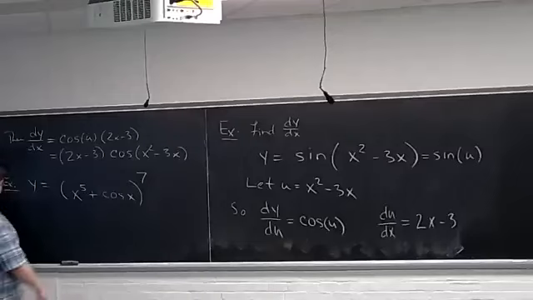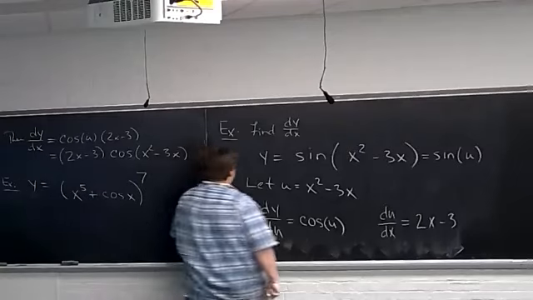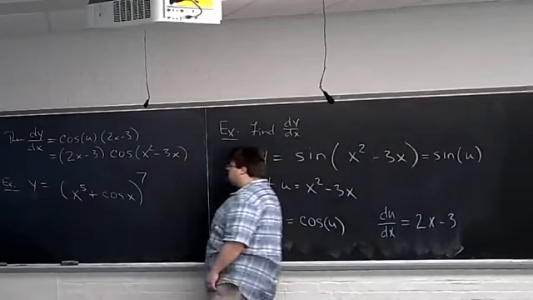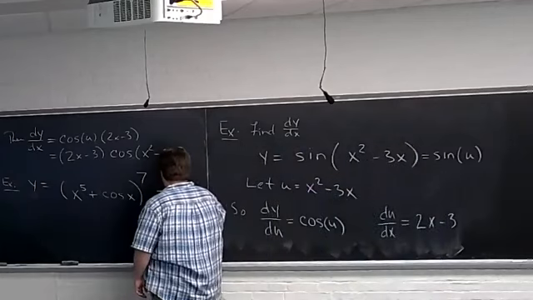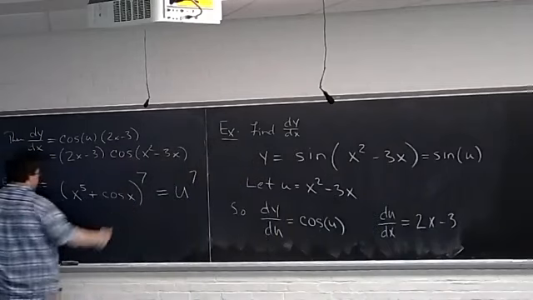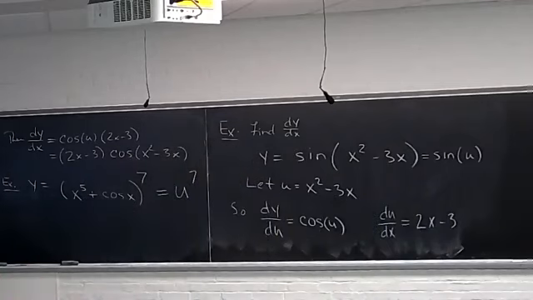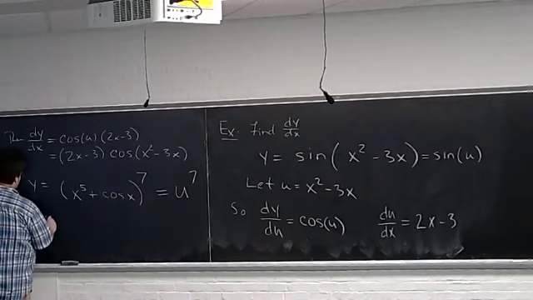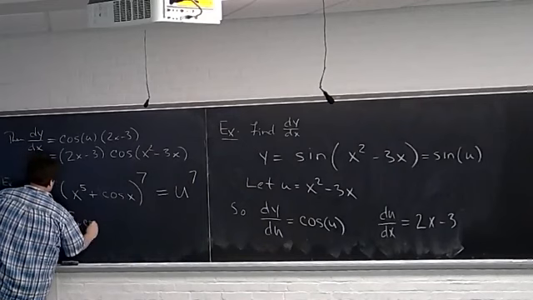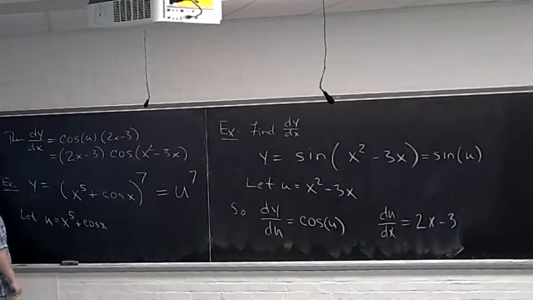And we can make a u substitution, which makes it look exactly like something to the 7th power. If we let u be this entire inside piece, then y is u to the 7th. So if we let u equal x to the 5th plus cosine x, then y is u to the 7th.